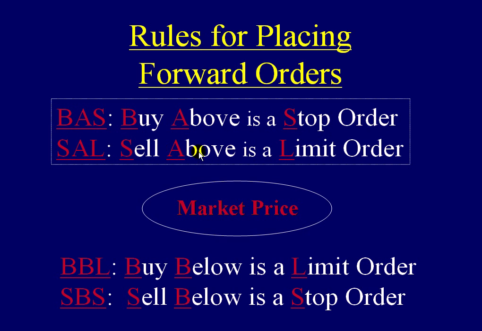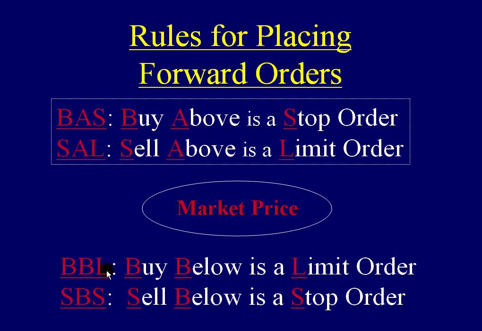If you want to sell above the market, therefore if you want price to move up to a certain level and you think it's going to turn down, and you want the order to be resting in the market as a forward order, then you would place it as a limit order. We'll show you that visually in a moment.